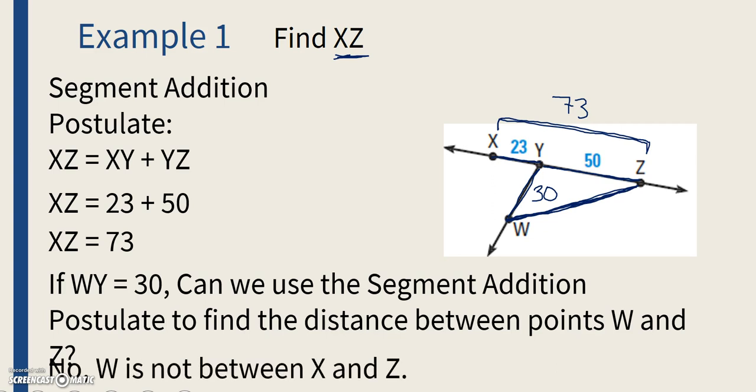We can't do that because W is not on XZ. W is not on the same line, and we don't have a point that's in the middle. This segment is not on that line, so we can't use that point at all. So we can't find what WZ is with this information.